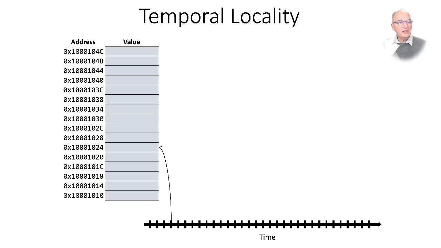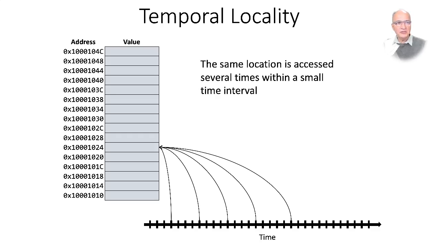Perhaps at this time I access this location, and then in the near future I am likely to access the very same location again. This is what we call temporal locality. I go back to the same place that I have been in the recent past. So the same location is accessed several times in a relatively small interval of time.